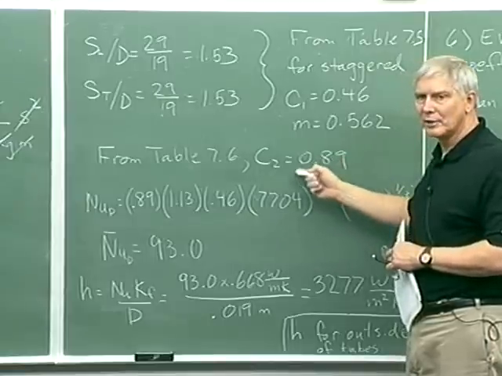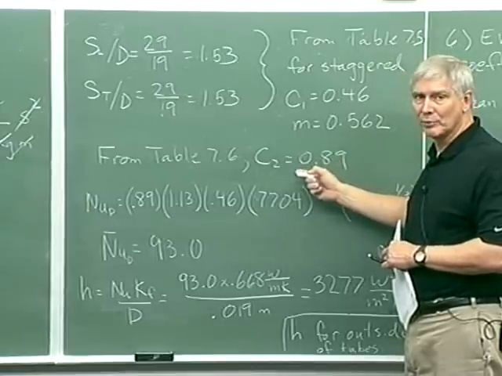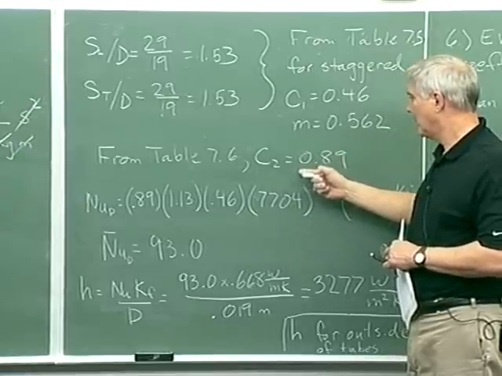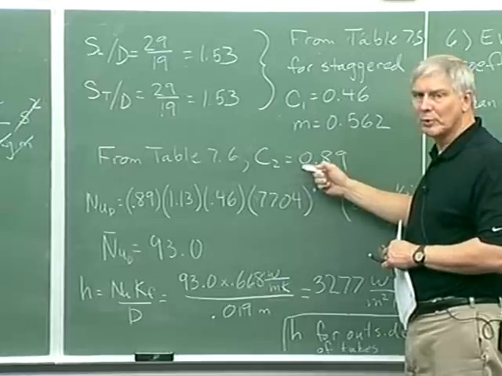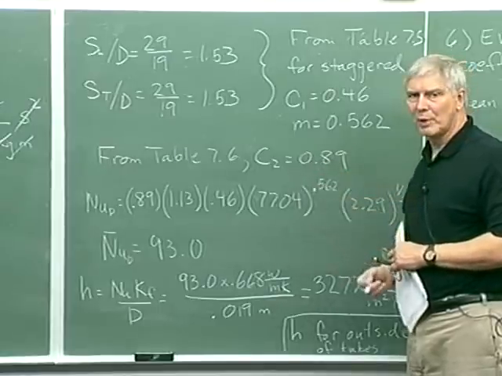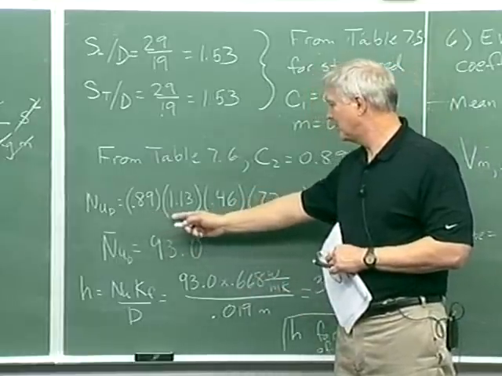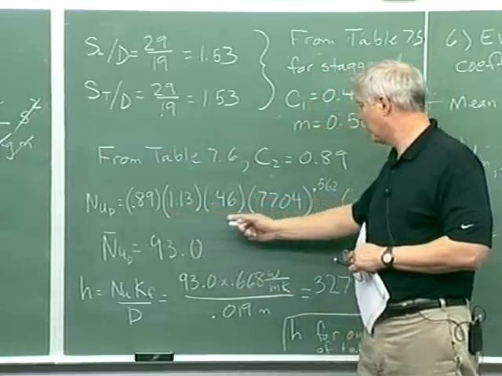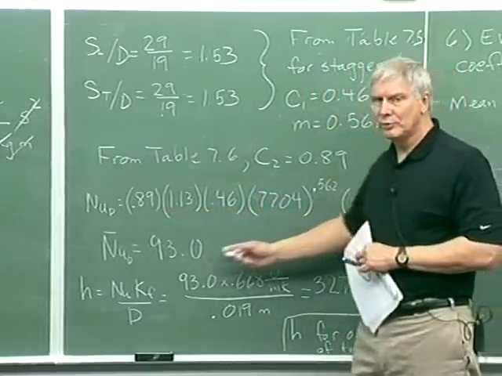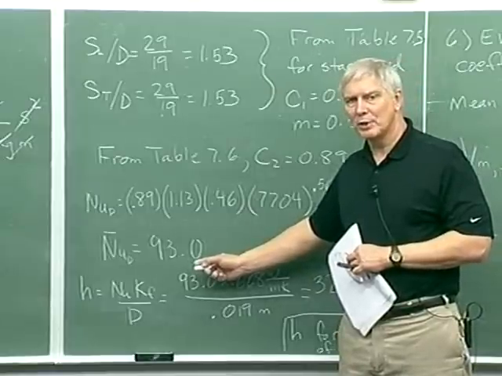But because we have less than the required number of tubes, we have to get the correction factor for C2, so we go to table 7.6, and from there C2 is 0.89. So now we're ready to calculate our Nusselt number. We plug in all the numbers, 0.89 times 1.13, and so forth, and we get a Nusselt number of 93.0.